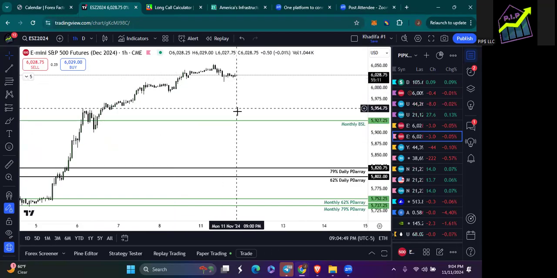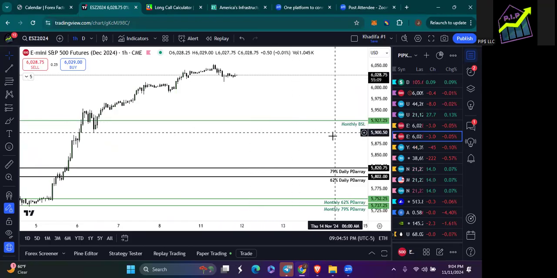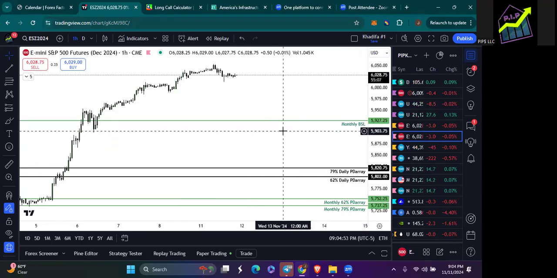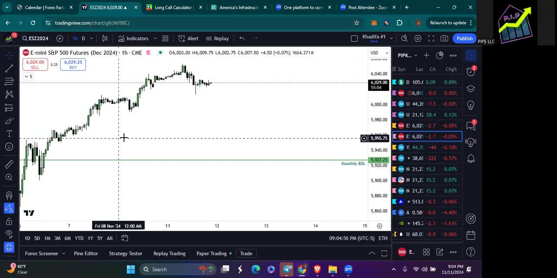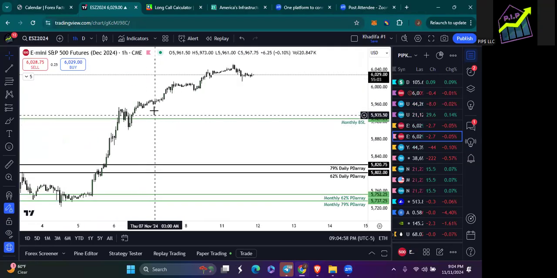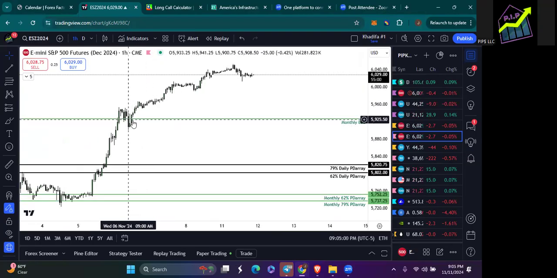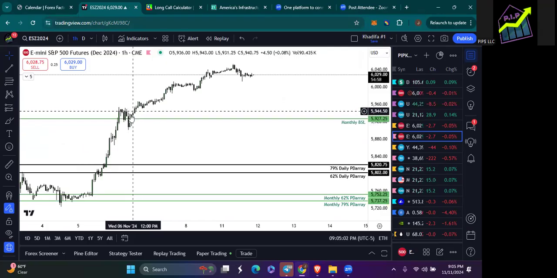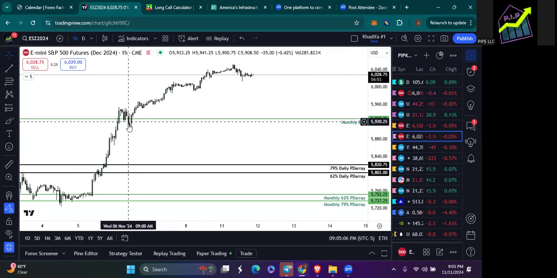And I would like to see us continue to sell off back down to this monthly buy side liquidity, running this low and digging down into this imbalance here, that you can't see clearly on the 1 hour time frame.